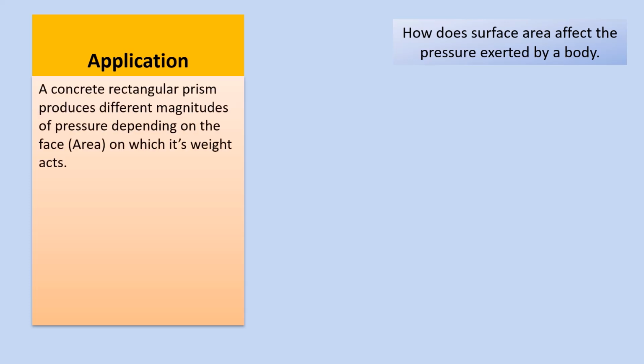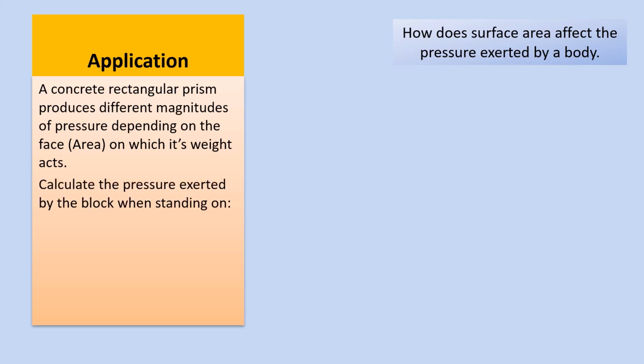So we are giving a case scenario where there is a concrete rectangular prism that produces different magnitudes of pressure depending on the surface area, or the face on which its weight acts. A rectangular prism has different faces with different dimensions or surface areas, and therefore if we allow it to lie in different orientations, we expect to have different values of pressure.